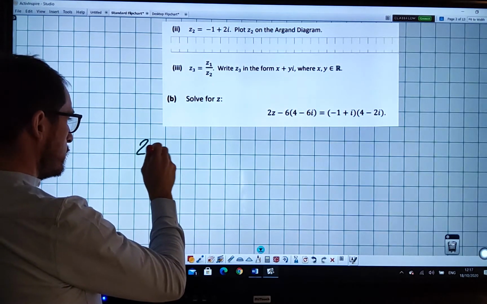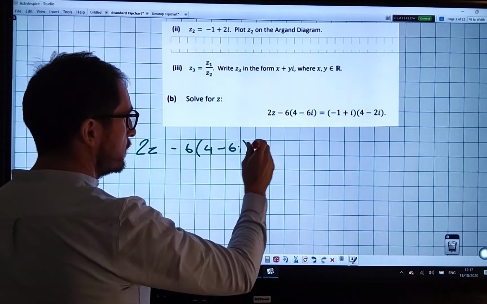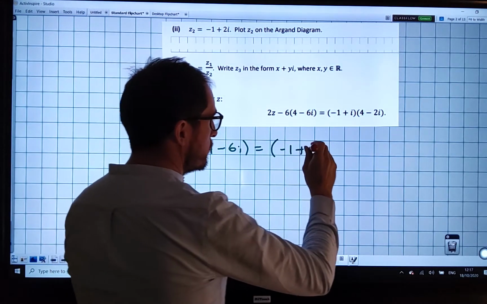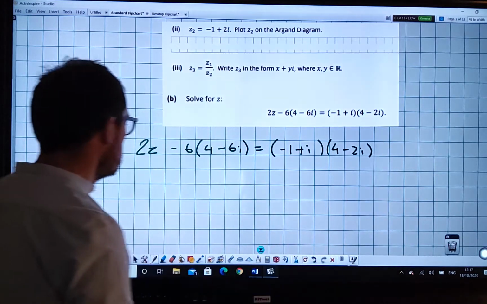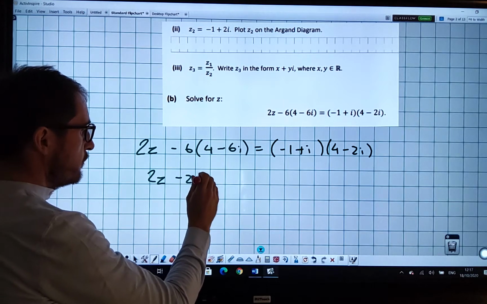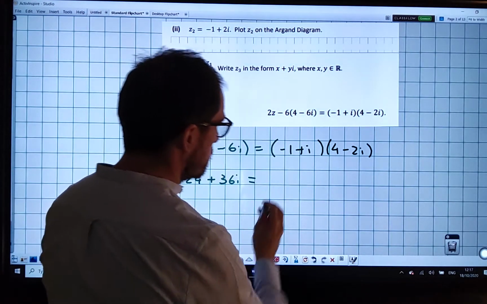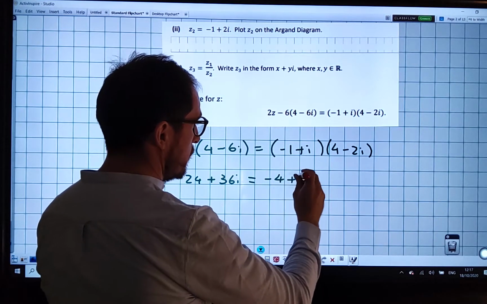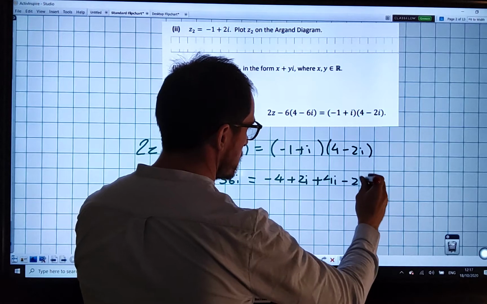So 2z minus 6 times 4 minus 6i is equal to minus 1 plus i times 4 minus 2i. So we have 2z minus 24 plus 36i is equal to minus 4 plus 2i plus 4i minus 2i squared.